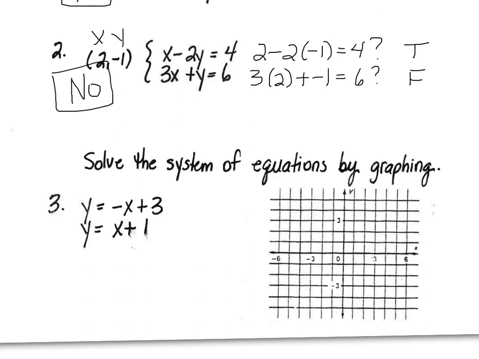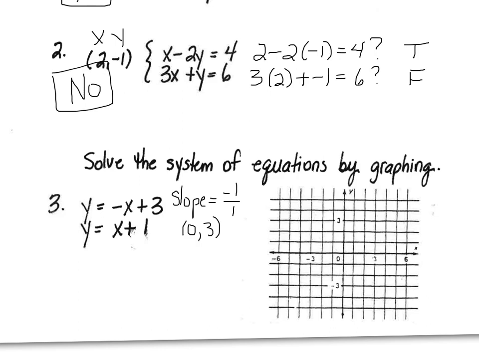If I take a look at my first equation, y equals negative x plus 3, I know that in this equation, my slope is the number that comes before the x, negative 1 over 1. My y-intercept is that coordinate at the end, 0, 3. So let us first start at 0, 3.